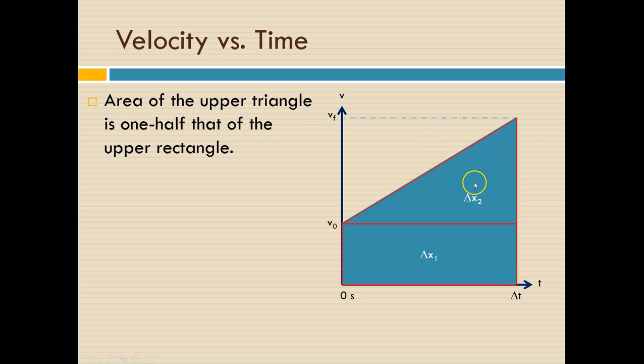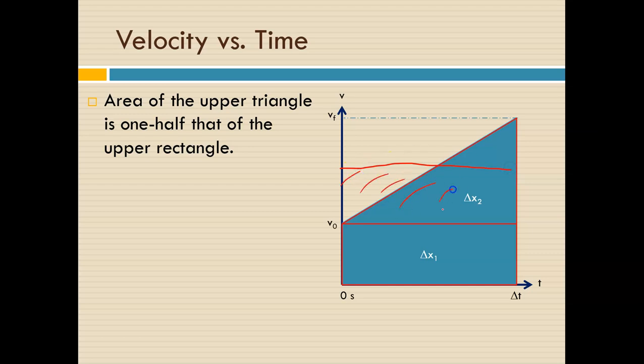Wouldn't you say that the delta x2, this shaded area, is the same area as the entire rectangle? Does that make sense? I'm sorry, let me back it up. Wouldn't you say that it would be half the area of the entire rectangle? Yes, it is. Okay, great, fantastic. Then doesn't that mean I can make another rectangle that starts at here and goes across like this?